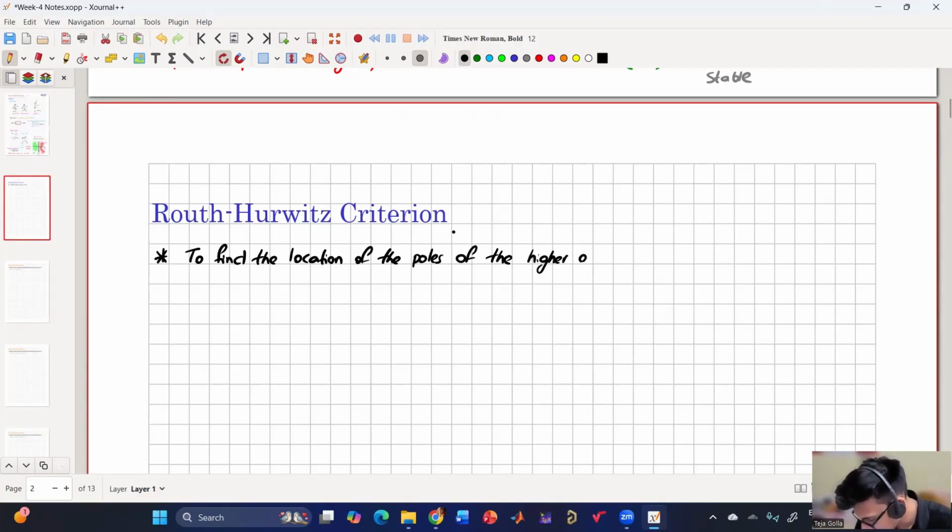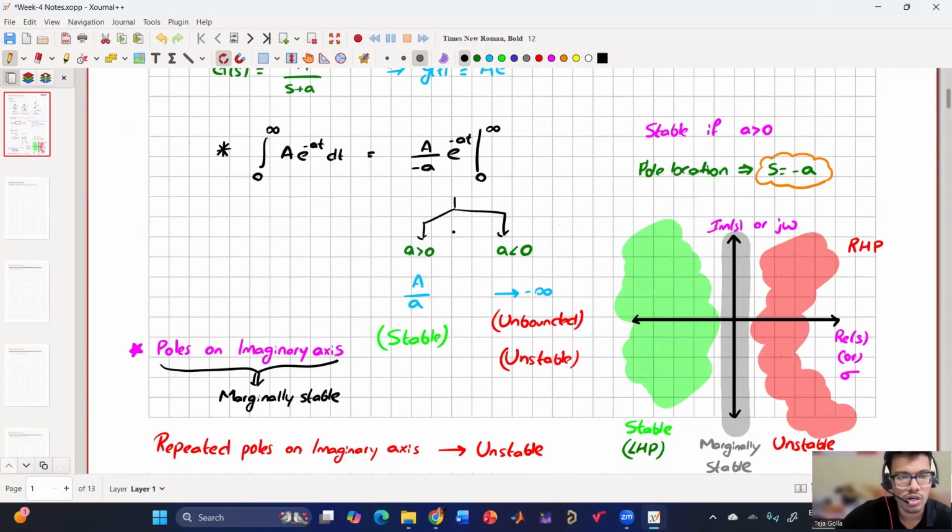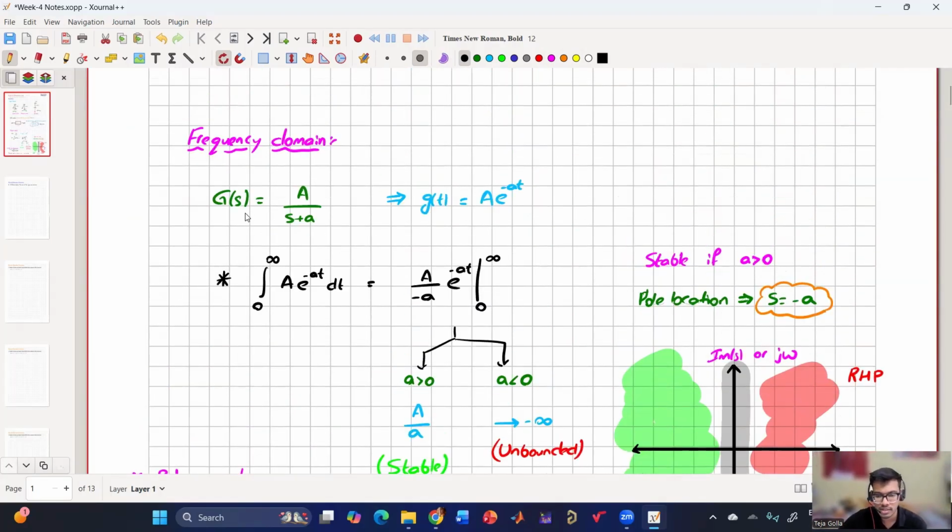Because for lower order, it is simple. Only the difficulty comes when the polynomial order increases. So if you see, we are only bothered about the poles of the g of s. So we are only bothered about the denominator of the g of s and not the numerator. So the denominator is called characteristic polynomial.